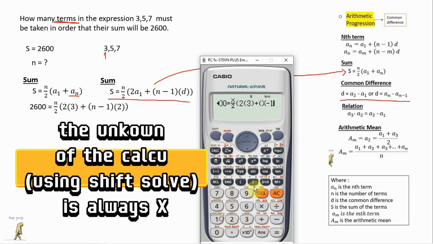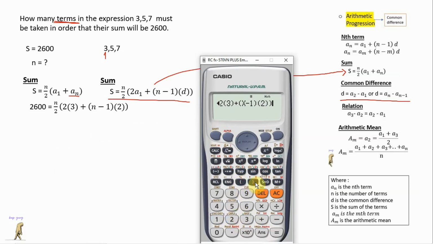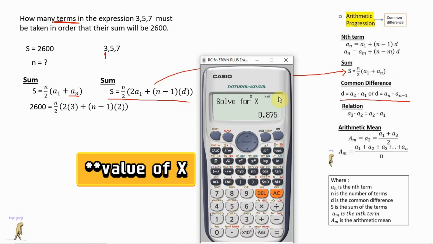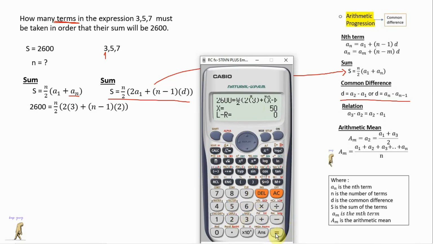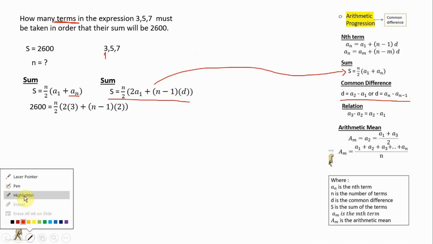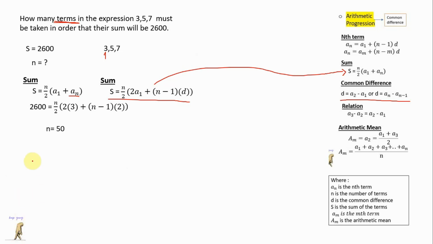Then we enter the expression, then shift solve, and our calculator will ask for the value of x. Let's put some number. Then as we can see, we get our answer, which is 50, okay? So our n, the number of terms, is 50.